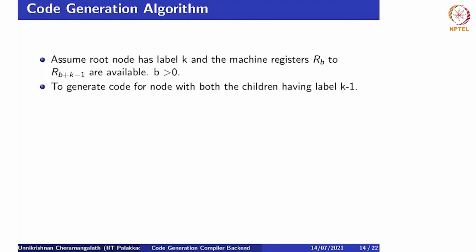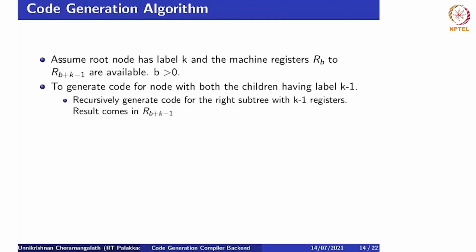So to generate code for a node with both the children having label k minus 1, as you have seen in say T2, which has A and B as children, having label k minus 1: recursively generate code for the right subtree with k minus 1 registers. The result will come in RB plus k minus 1. Recursively generate code for the left subtree with k minus 1 registers.